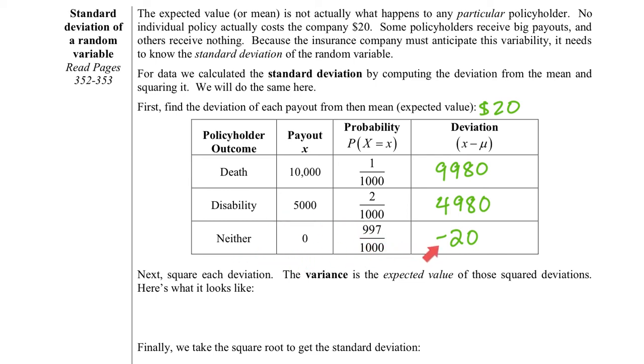Notice that for neither, we actually end up with a negative value because, of course, we've got 0 minus the 20. Next, what we're going to do is square these deviations. We're familiar with that. But we're going to find the variance, and the variance is that value right before we found the square root of the standard deviation, but we're going to do it like an expected value. So we're going to multiply that back to its probability and find the sum. So let me show you what it looks like.